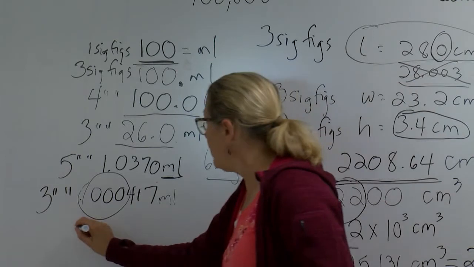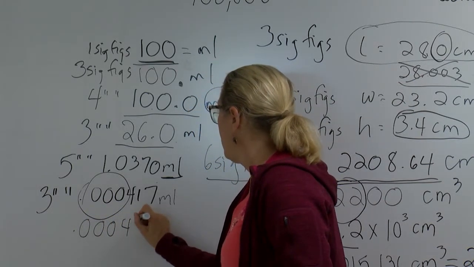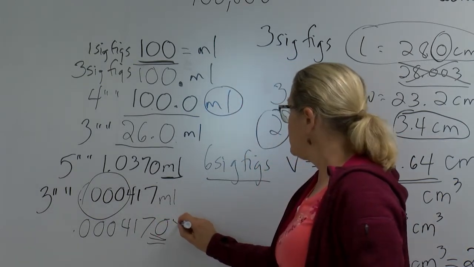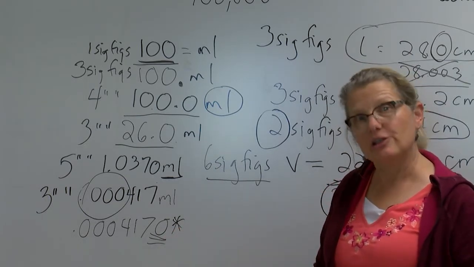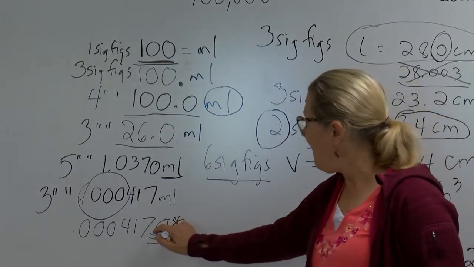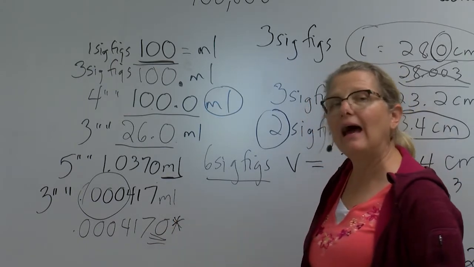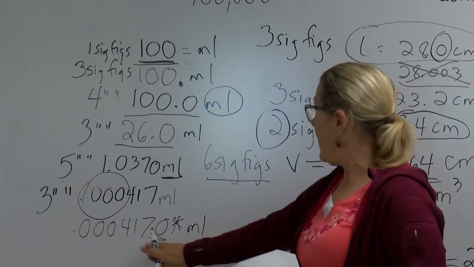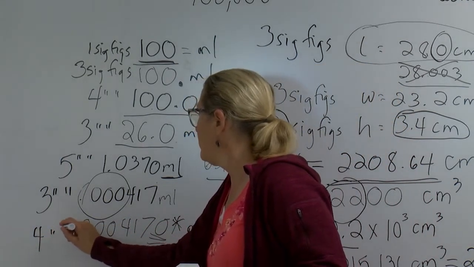Now, if the number is 0.000417, this 0 here matters. Now I'm even more accurate. This 0, I didn't have to put that. I put it because I measured so accurately. And now this number would have 4 sig figs.